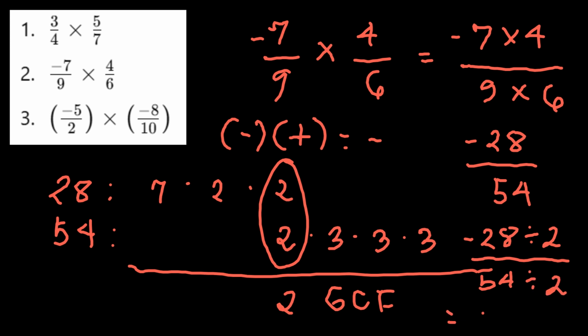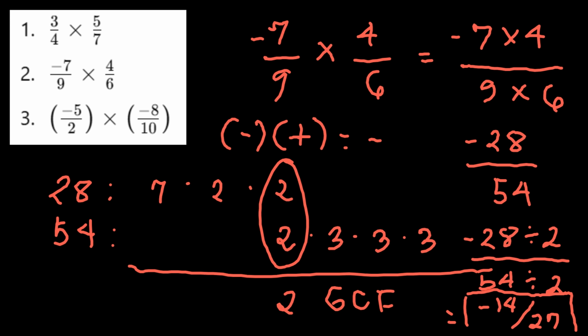Negative 28 divided by 2 gives us negative 14. And then 54 divided by 2 gives us 27. So the simplest form of our answer is negative 14 over 27.